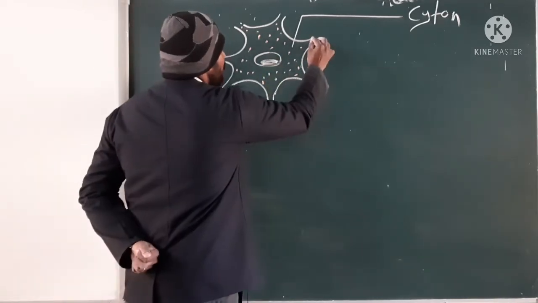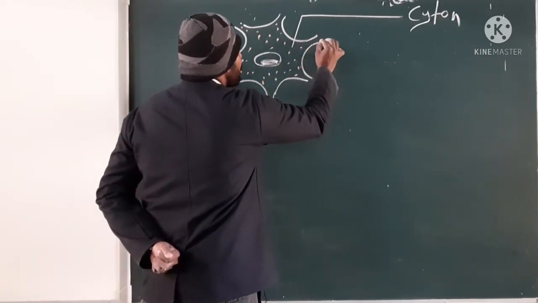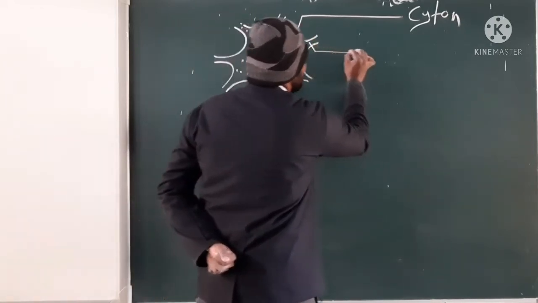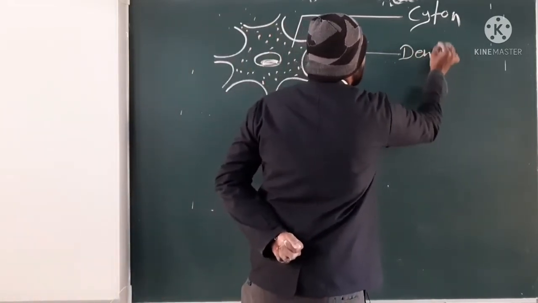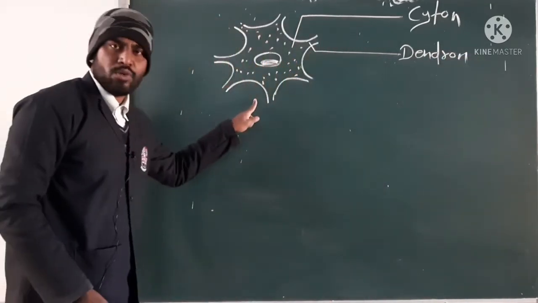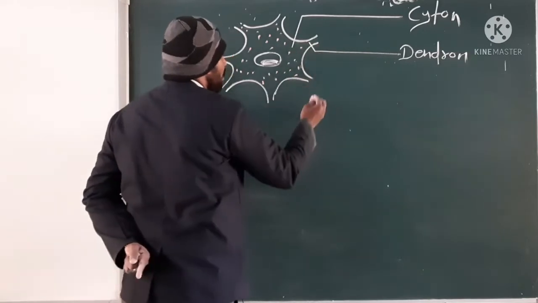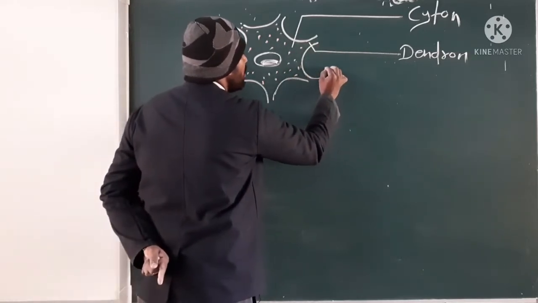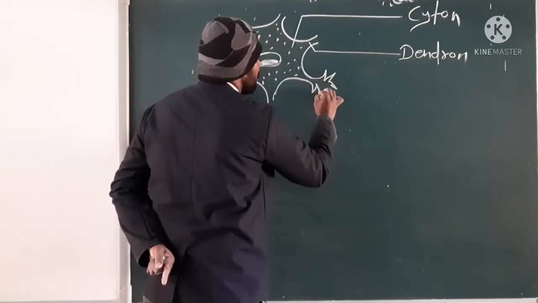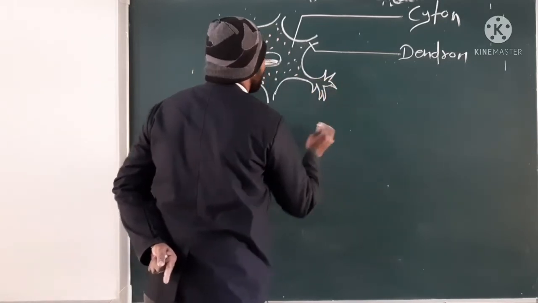From the cyton, short processes arise, which are best known as dendron. So this is dendron, beta. The short processes which arise from the body of neuron, cyton, they are dendron. These dendrons are further branched, making this branch structure.